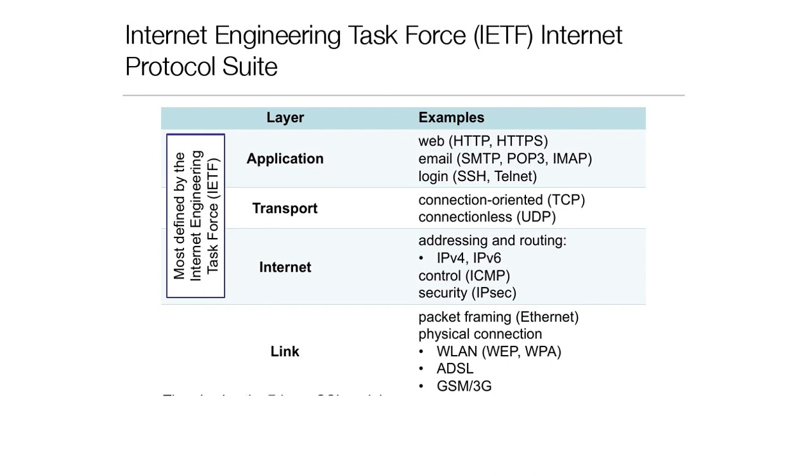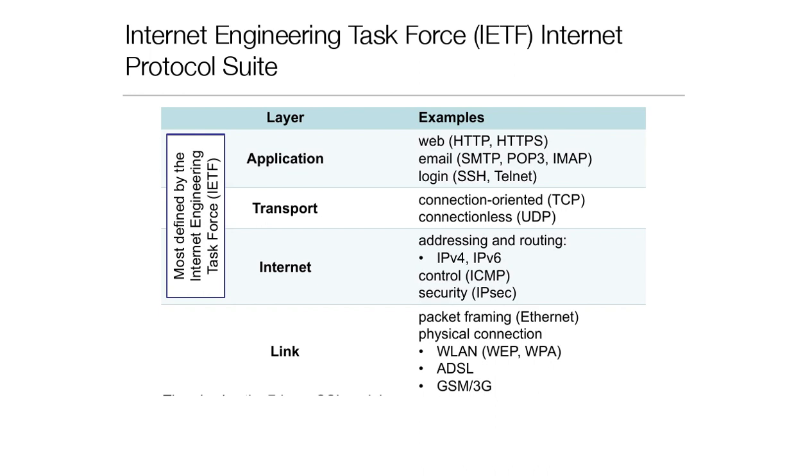So we identify that there are several layers, and in each layer we have a different set of tasks. In the application layer we have applications, and from the application layer data is transmitted to the next layer, which is the transport layer.